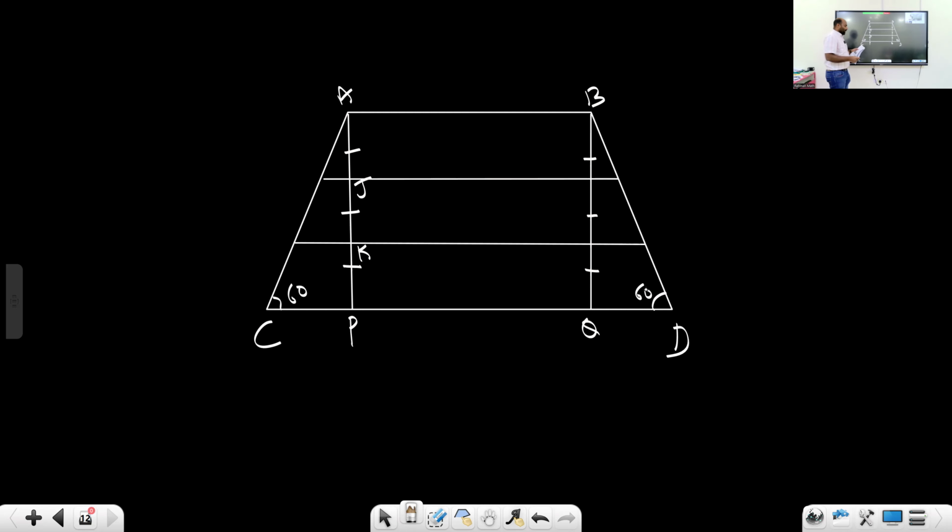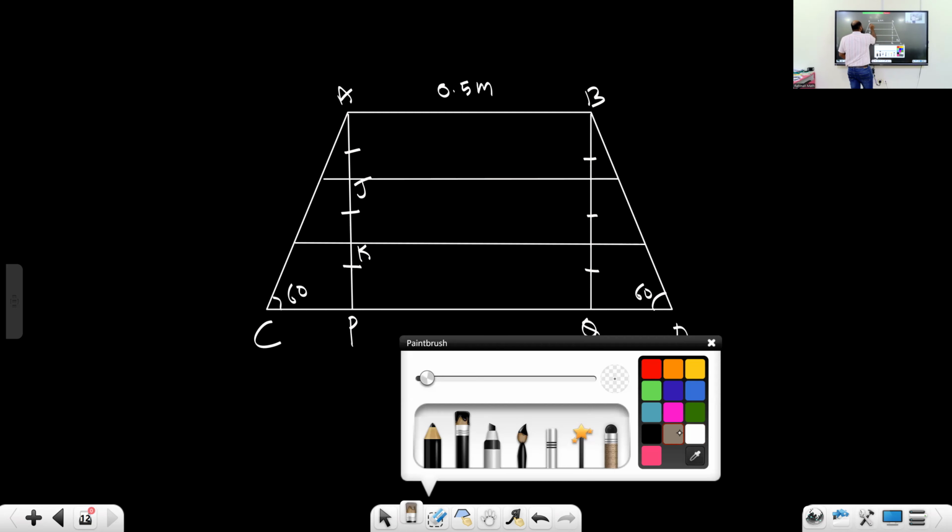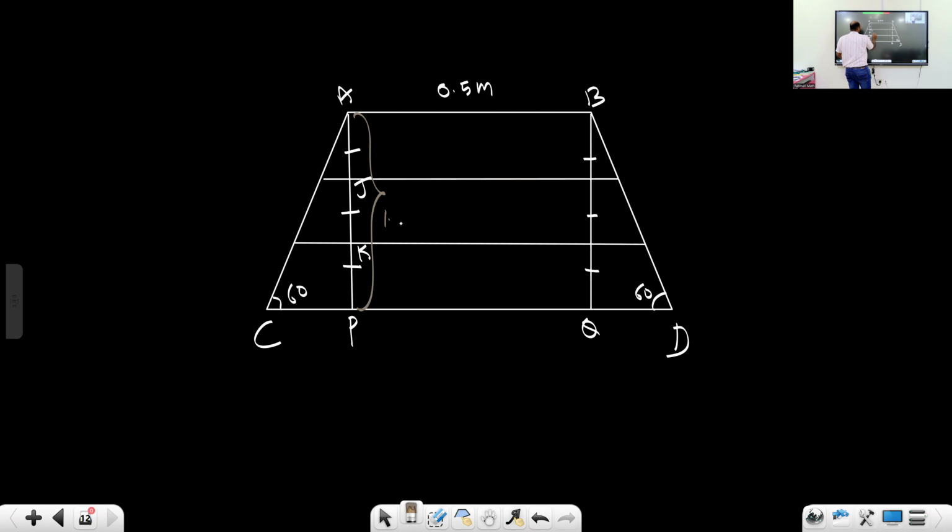AB is 0.5 meter. This is 0.5 meter. AP, BQ 1.8 meter. This is 1.8 meter.